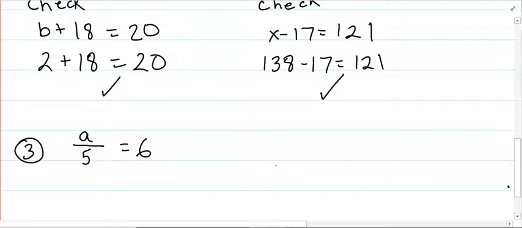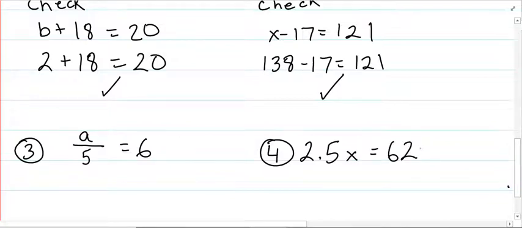And you're going to find your answer. For number 4, try it on your own, write it on your paper and show the steps. Our question is 2.5x equals 625. Now you should try this on your own and then check in.